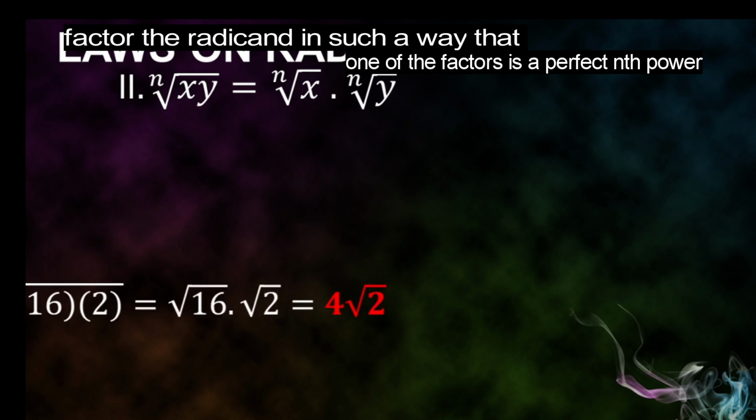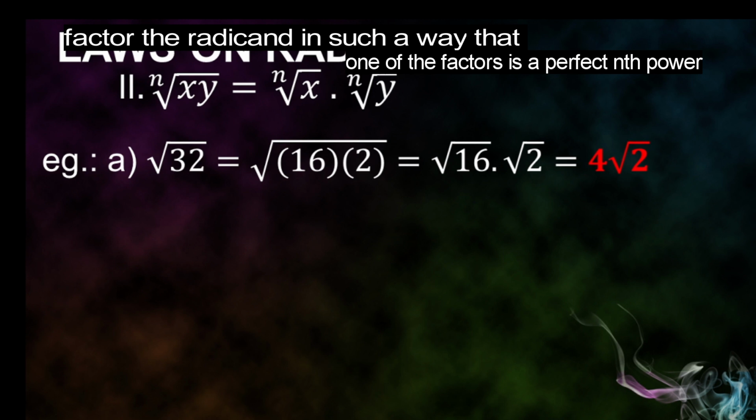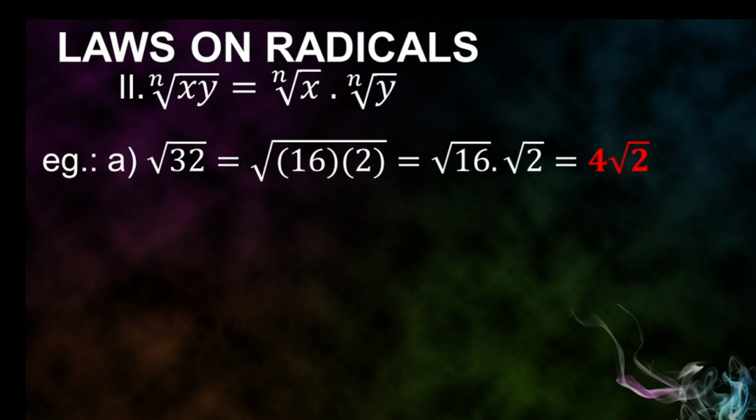So for example, we have the square root of 32. Since our index is 2, we must think of a factor of 32 which is a perfect square. And in this case, the perfect square factor of 32 is 16.